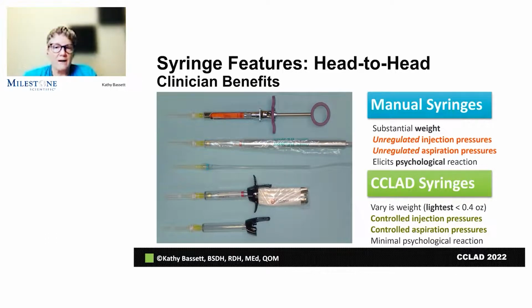Overall, a CalaJet will be fairly similar in weight. The wand is the lightest of the devices, and it actually weighs less than a half ounce, where all of the devices are going to control your injection pressures, control your aspiration pressures, and they just elicit a different psychological reaction because they aren't that classic syringe that many patients do have an aversion to.